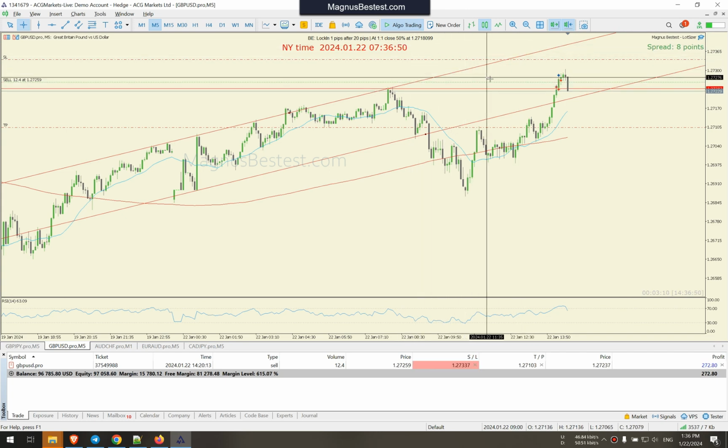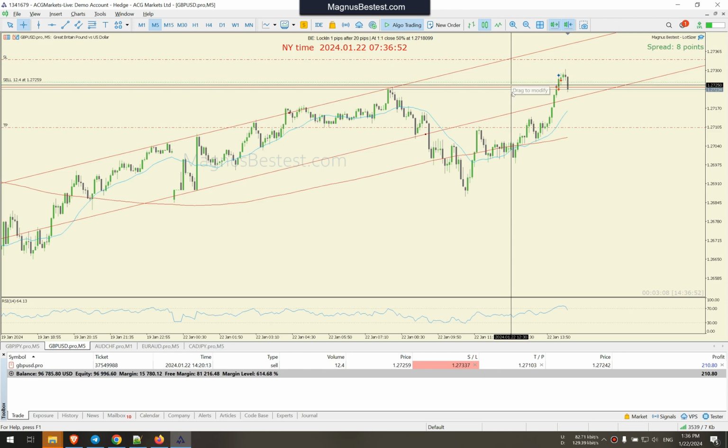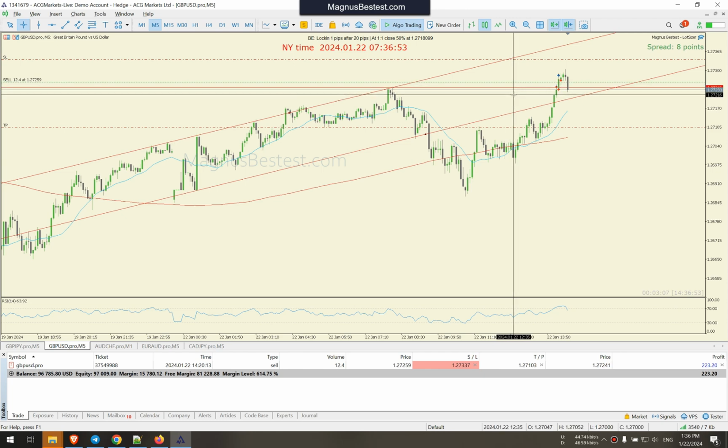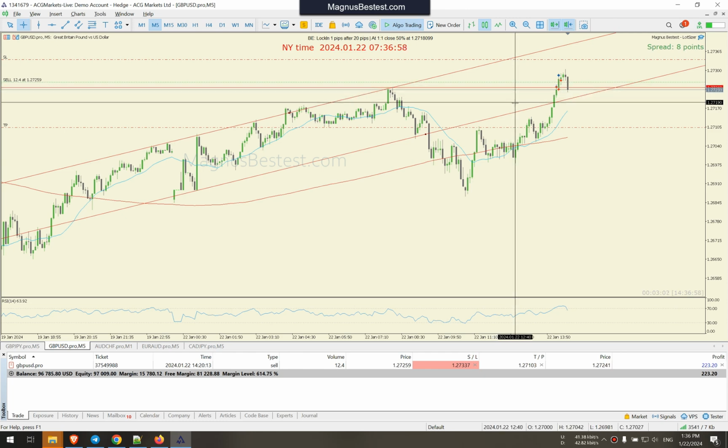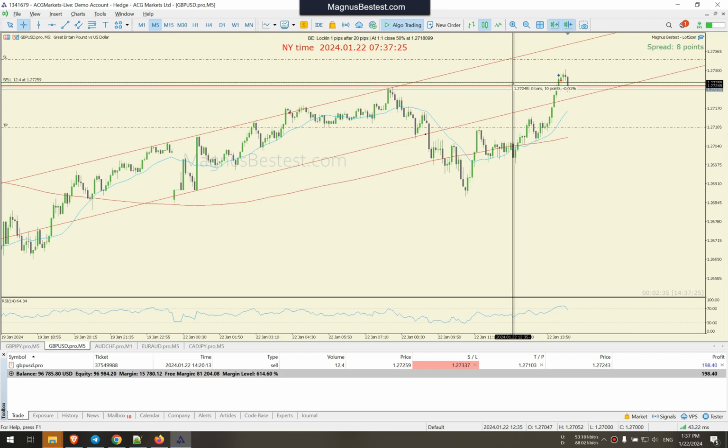So it will be 1.27. The level is in 18, so it's over here. Once we reach this level, we will take off automatically 50% as it's set up in the indicator. Well, I mean in the expert advisor. And also at the same time, the stop loss will be moved to break even. So around here, locking in 1 pip. So 1 pip like this.